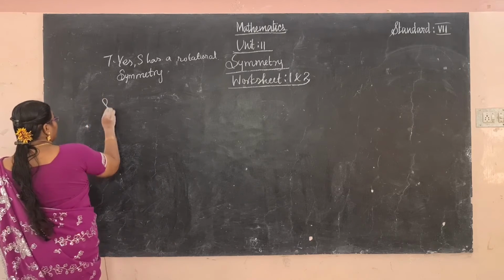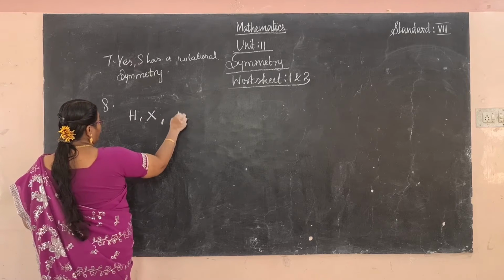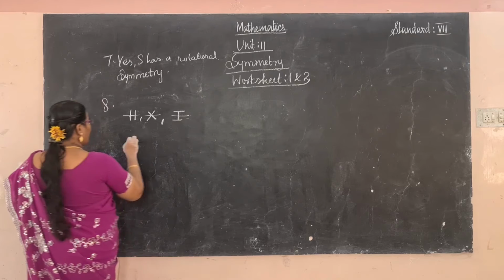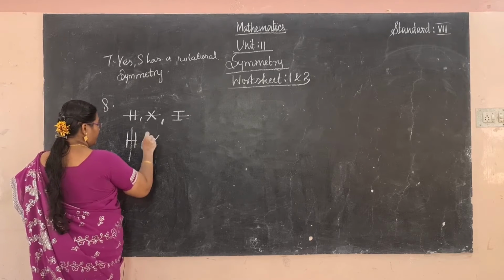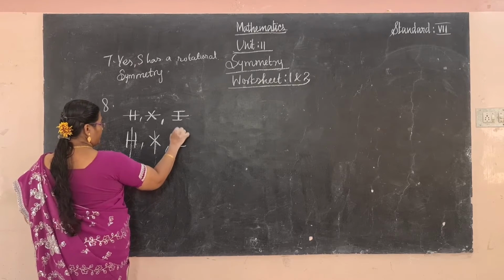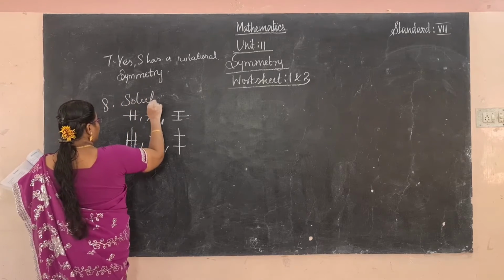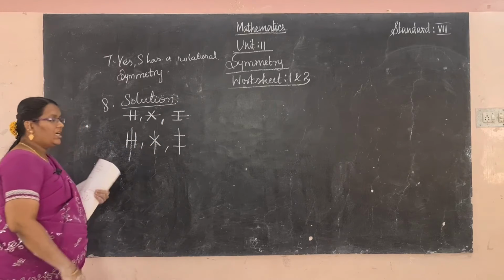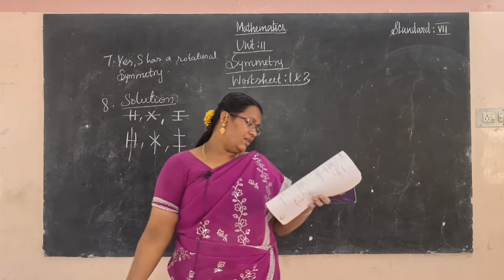They are H, X and I. These have both horizontal and vertical axes of symmetry.